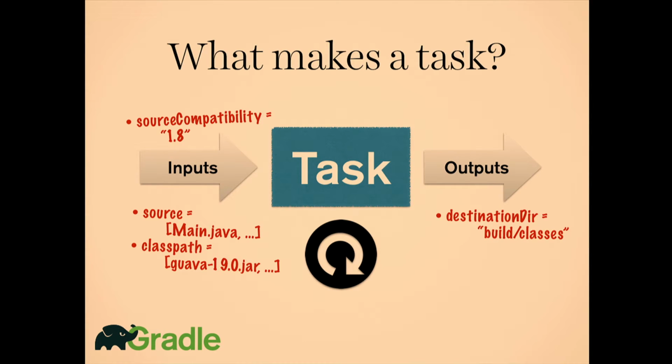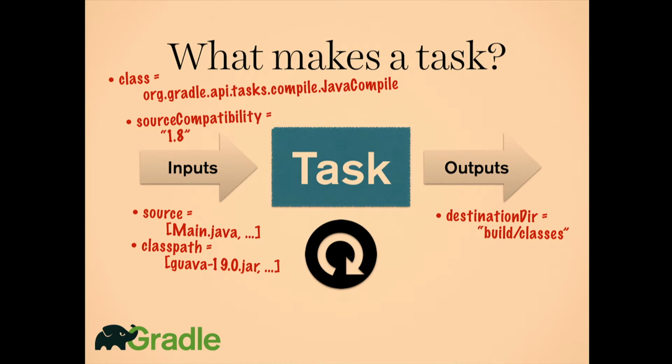And there's another really important bit that we treat as inputs, which is the task itself, the type of the task itself, right? If this is a Java compile task, that's a different story to a Groovy compile task, right?